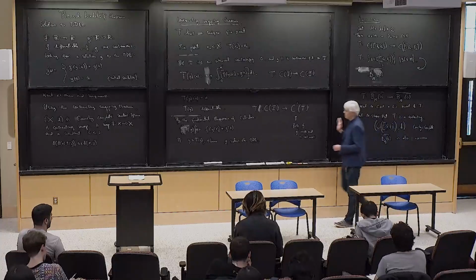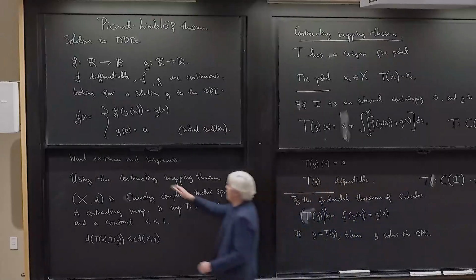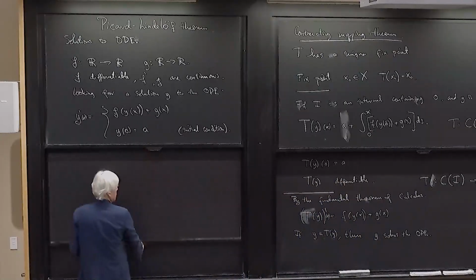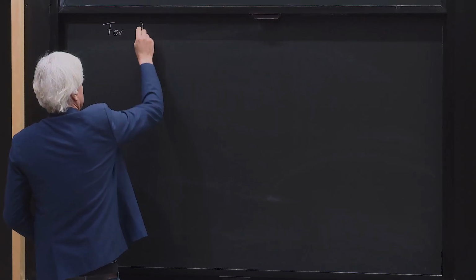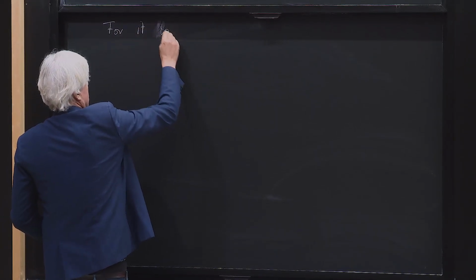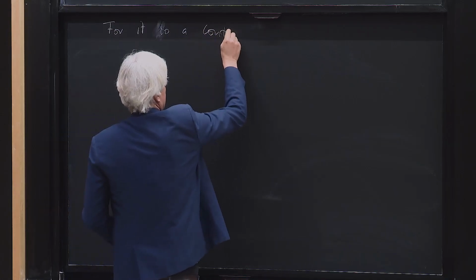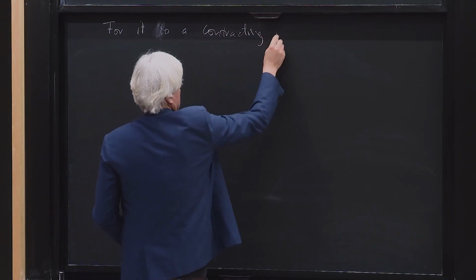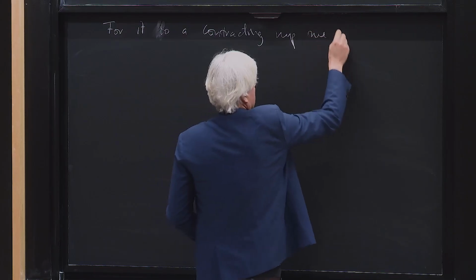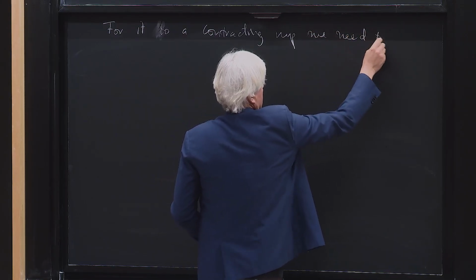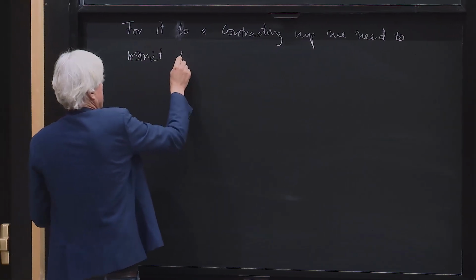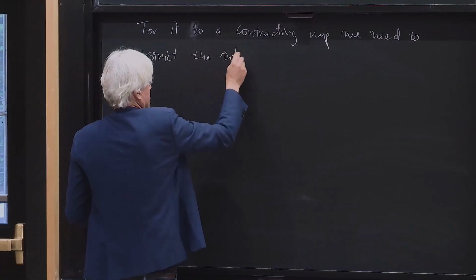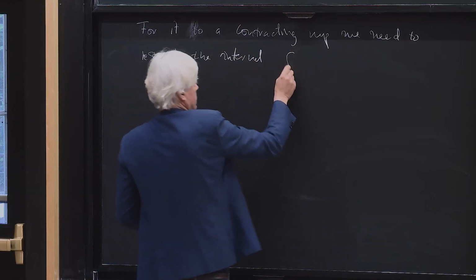The thing is that this is not quite going to do it. It's not quite a contracting map. But so we will need, for it to be a contracting map, we need to restrict the interval further.